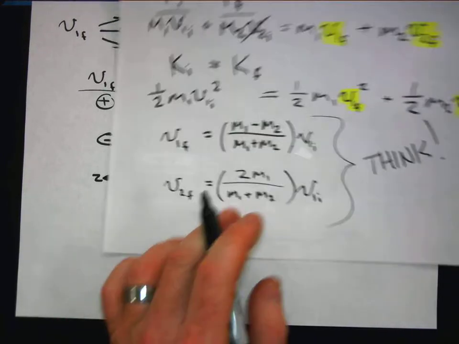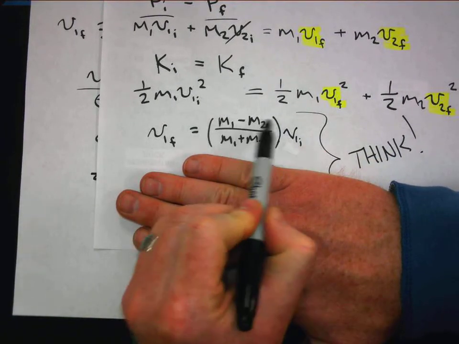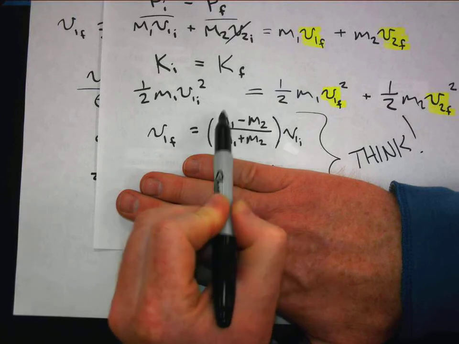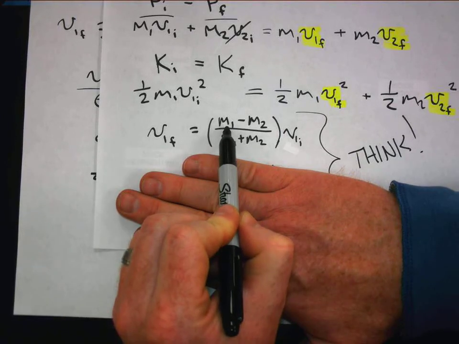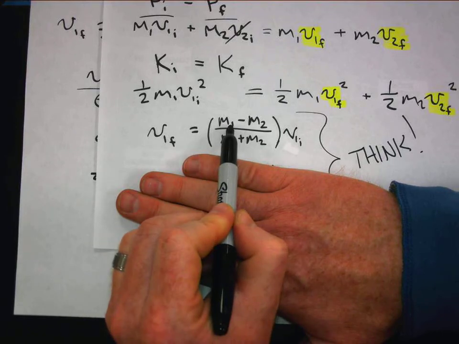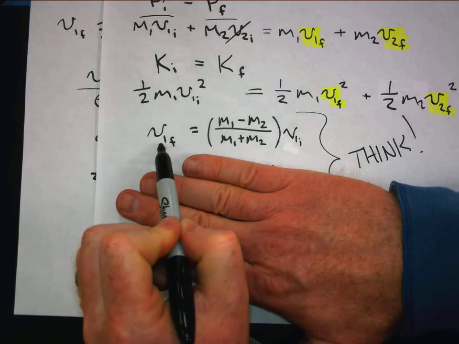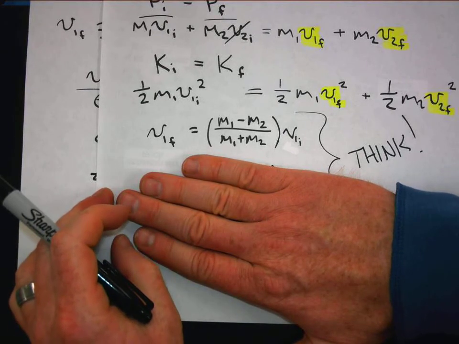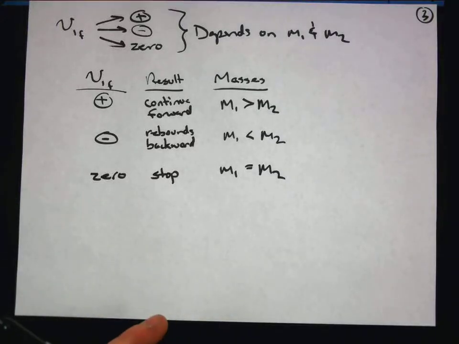I'm going to hide that one so we're not confused. m1 and m2: if they're equal, we get 0, no final velocity. If m1 is larger, we get a positive answer, positive. If m1 is smaller than m2, you get a negative answer, negative direction, it rebounds. Okay, so that's what can happen to the final velocity of object 1.